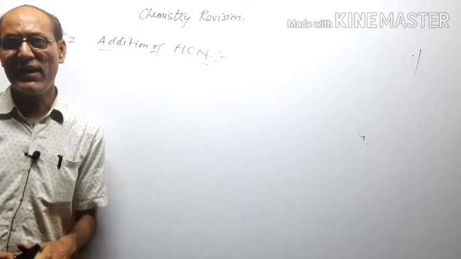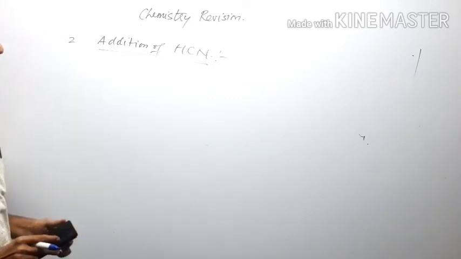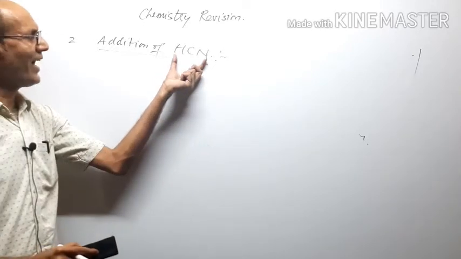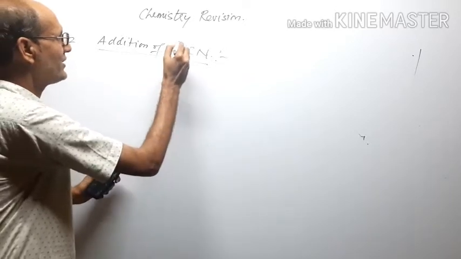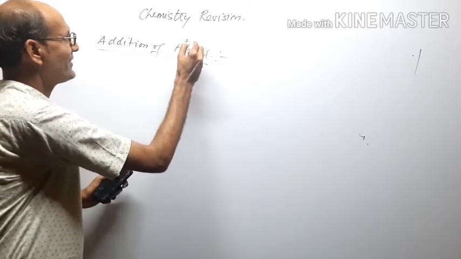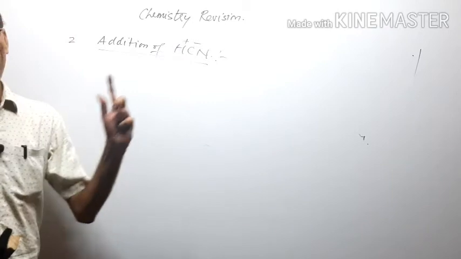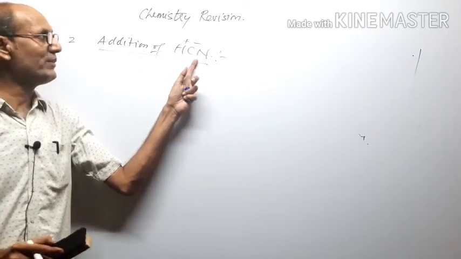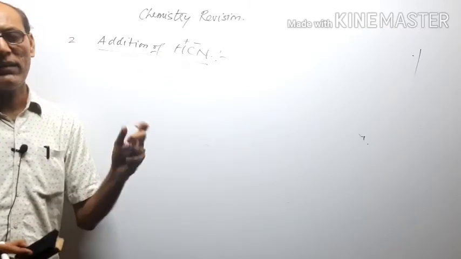This is also a nucleophilic addition reaction. As you are seeing in hydrogen cyanide, hydrogen is positive and cyanide is negative. So the negative part, that means the nucleophile, will attack the carbonyl carbon.